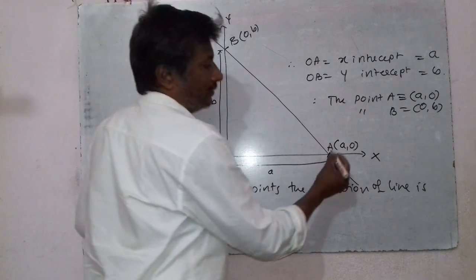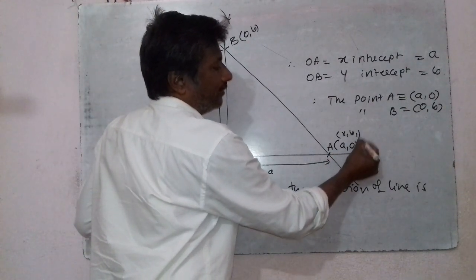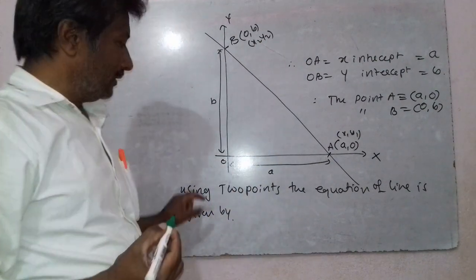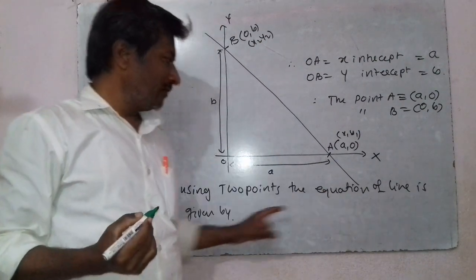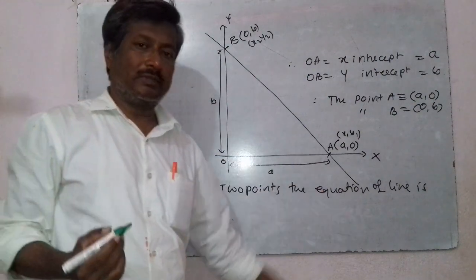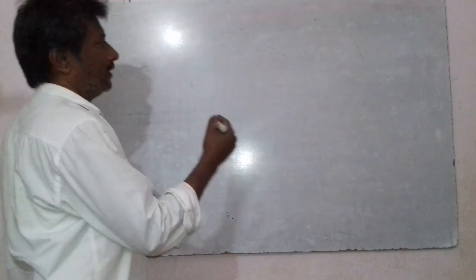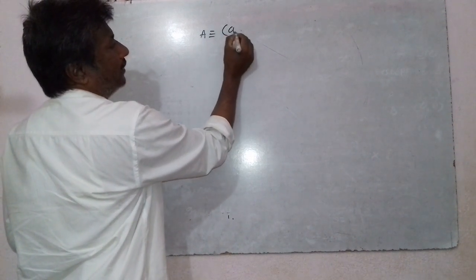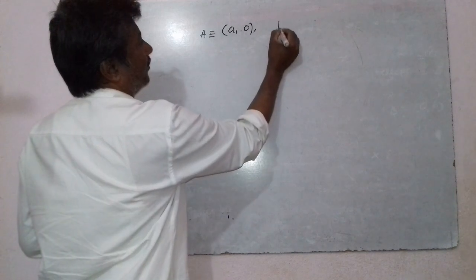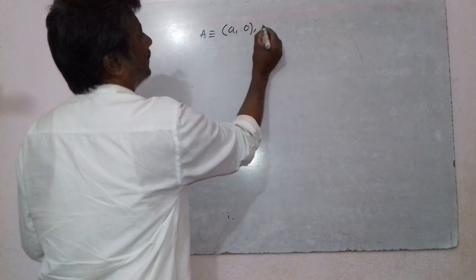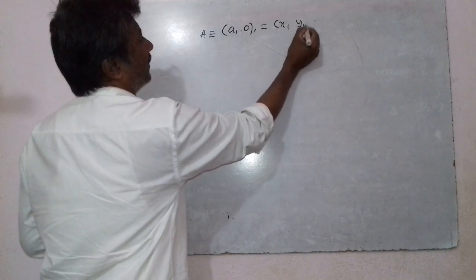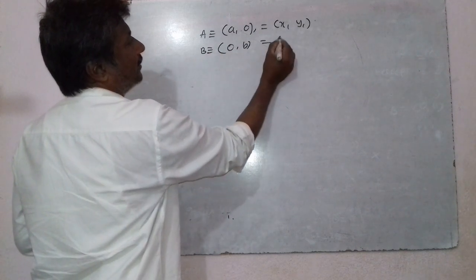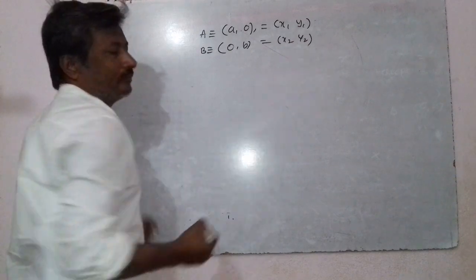So A is a comma 0, which is x1 y1, and B is 0 comma b, which is x2 y2.